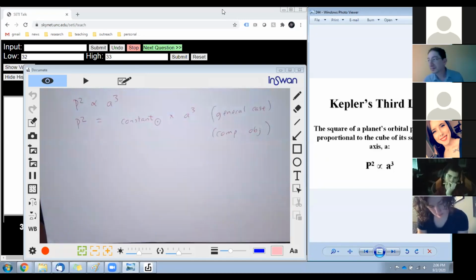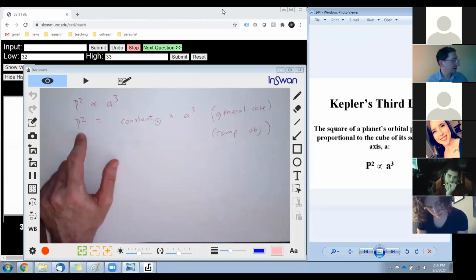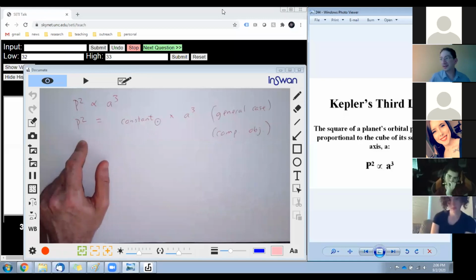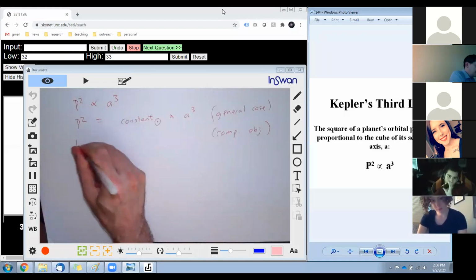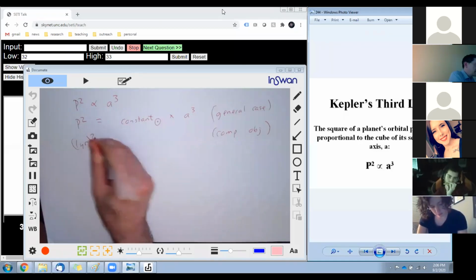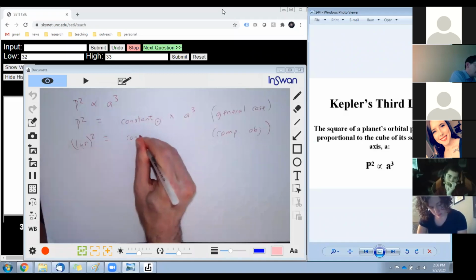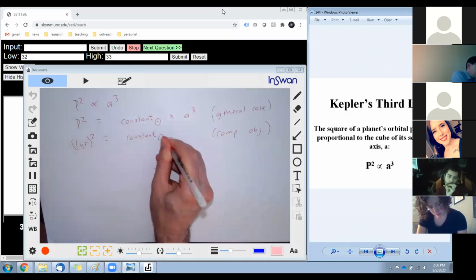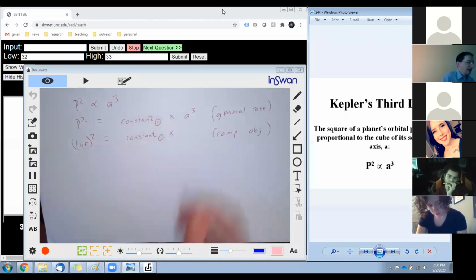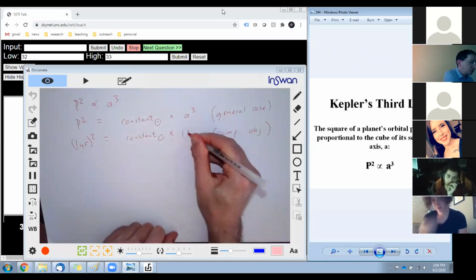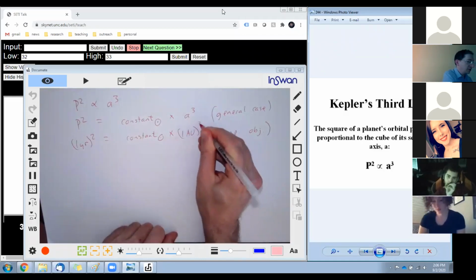for the Earth. The Earth goes around the sun. What's the orbital period? 1 year. So 1 year squared is going to be equal to that same constant. Anything going around the sun is that same constant. And our semi-major axis from the sun is, I just mentioned it, something we call the astronomical unit, 1 AU cubed.